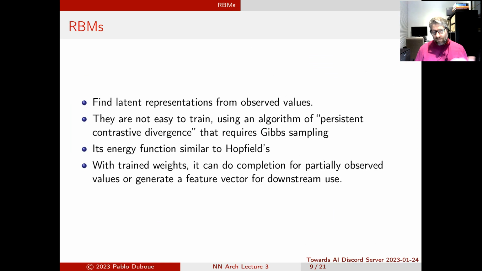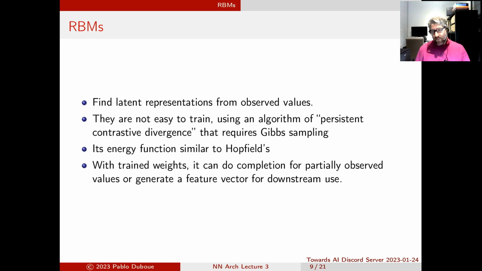So Hinton was a big proposer of RBMs, and in a way he keeps studying them, and this is part of how we got deep learning. But they are so hard to train that Hinton himself has a white paper that you can get from his website of 20 pages of tricks just to train these RBMs.